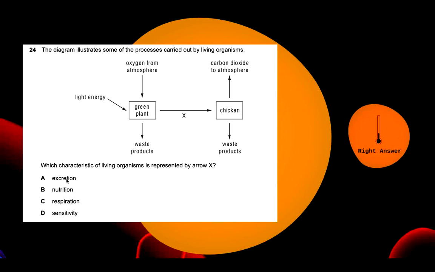This will never be excretion because a chicken cannot get anything from a green plant through excretion. Nutrition can be a possibility. Respiration is also possible. Sensitivity is not, because a green plant will never be a stimulus for the chicken. So is it from the chicken to the green plant? So the answer would be what?